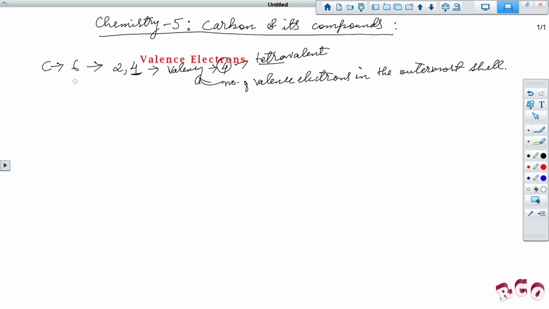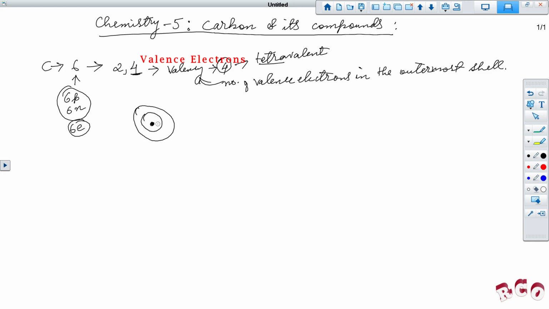Now, when we say the atomic number is 6, it will have 6 protons and 6 neutrons in the nucleus, and 6 electrons in the orbits revolving around the nucleus. Suppose this is the nucleus. In this nucleus, there will be 6 protons and 6 neutrons, and surrounding the nucleus there is an orbit.